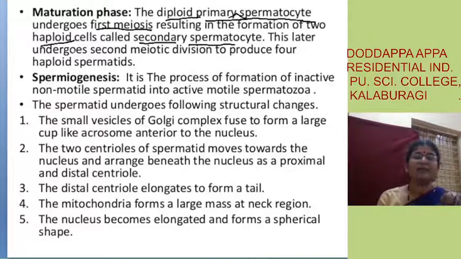Each primary spermatocyte forms 2 secondary spermatocytes. In total, how many spermatids will be formed? How many daughter cells are formed? 4 haploid spermatids are formed.